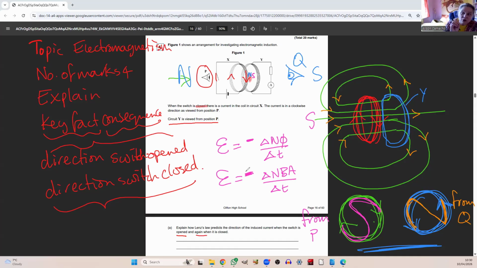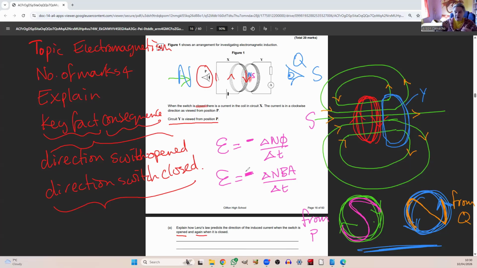Okay, so that is also a key fact. But the EMF induced is proportional to the rate of change of flux. So it only is induced when the flux is either being switched on or being switched off.